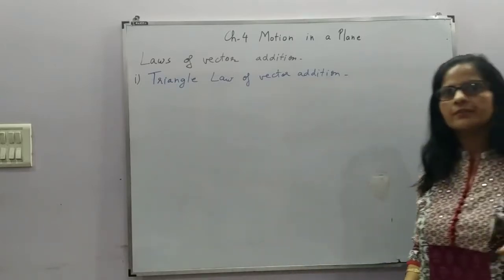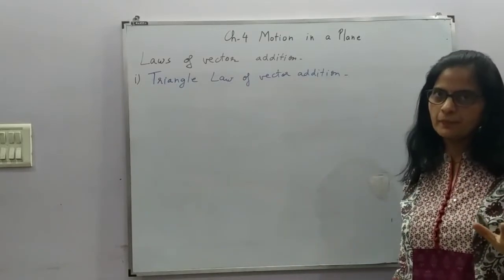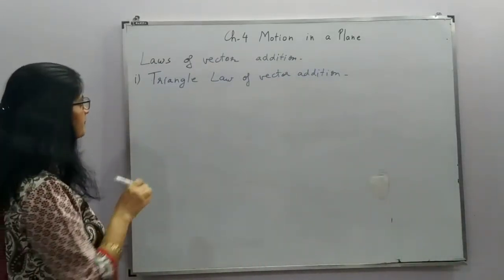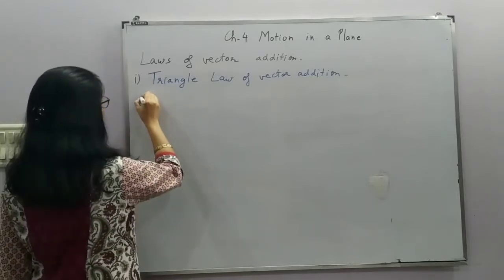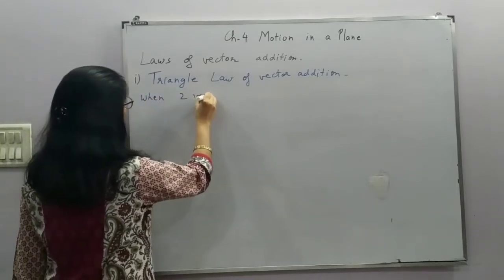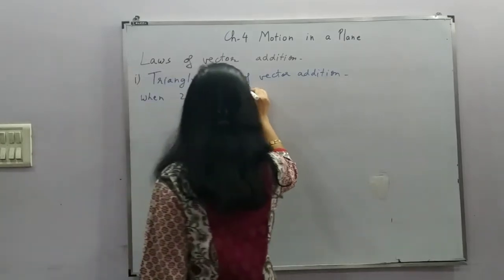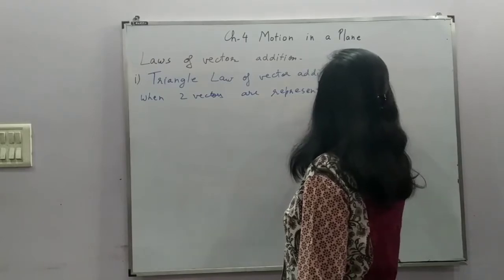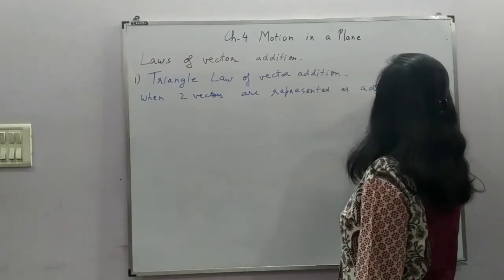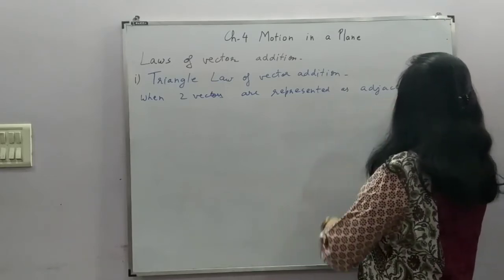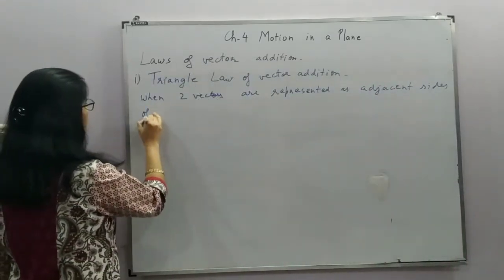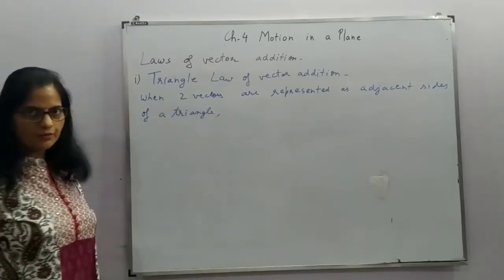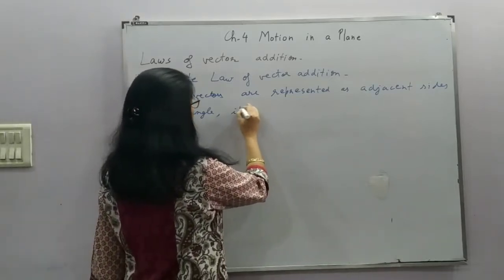So it states that the triangle law of vector addition states that when two vectors are represented as adjacent sides of a triangle, right?